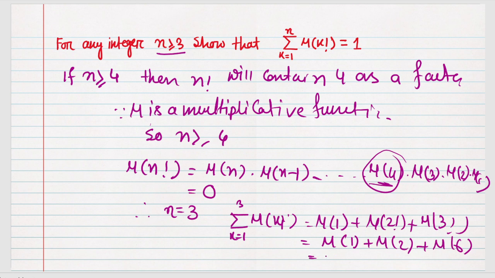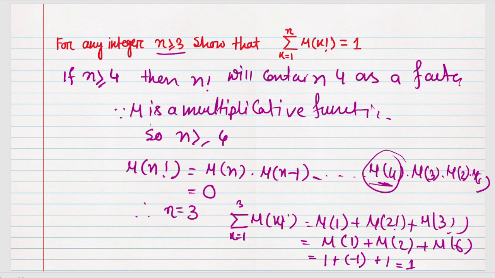The value of mu of 1 is equal to 1, and mu of 2 is equal to minus 1, because 2 is a prime number and the mu value of a prime is always minus 1. In the case of 6, we have 2 and 3 as prime factors, that means minus 1 raised to the power 2, which is always equal to 1, so the value will be 1.